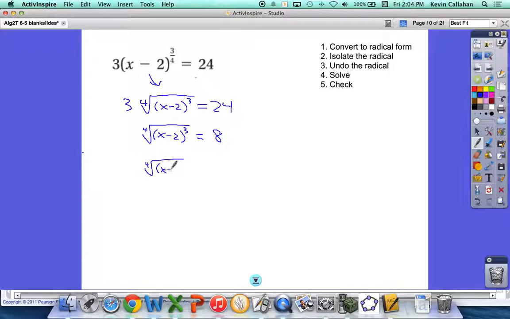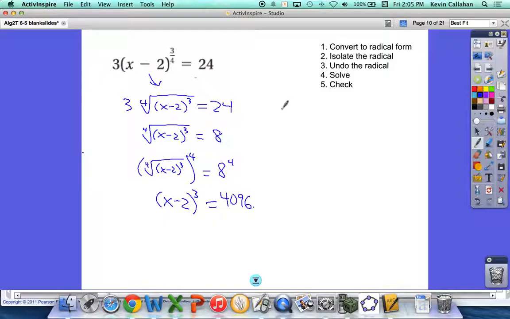So that'll be x minus 2 to the third raised to the fourth equals 8 to the fourth. Again, when you raise to the fourth power a fourth root, they cancel each other out. And now we've got x minus 2 to the third equals 4096.